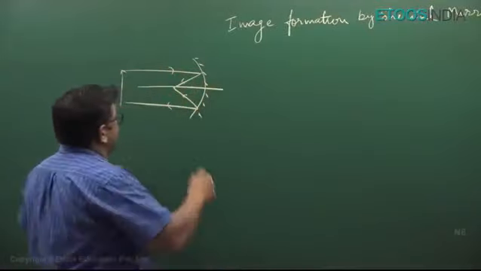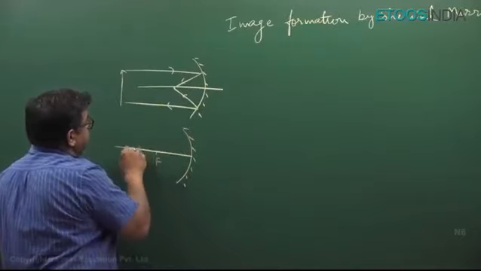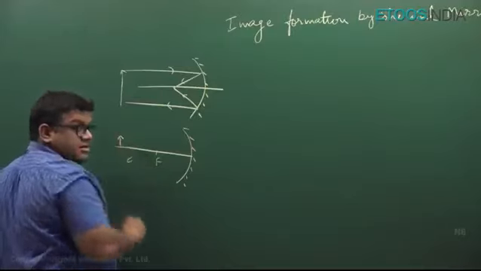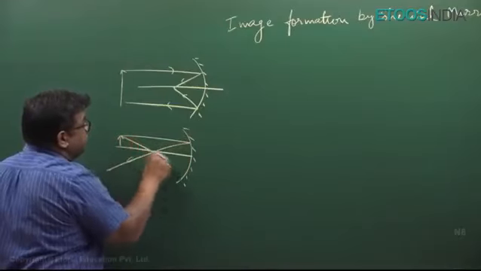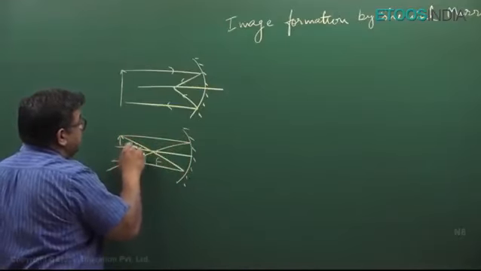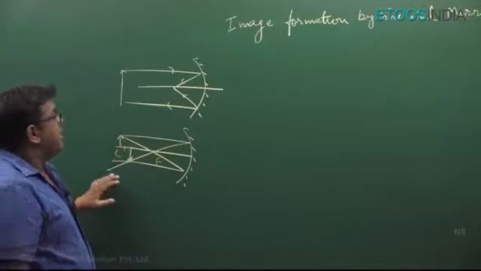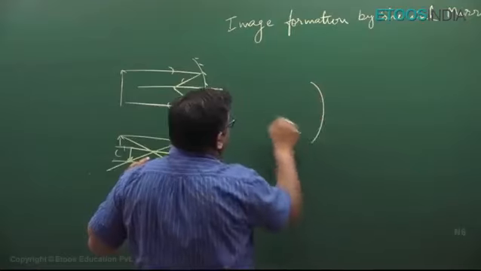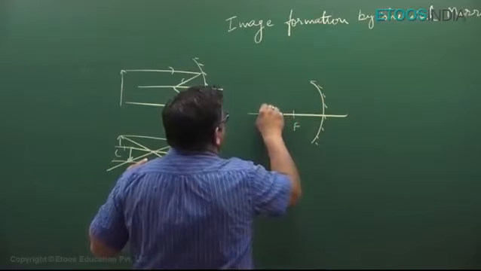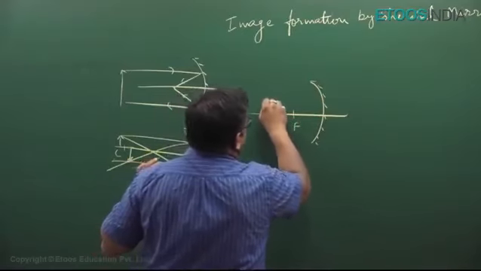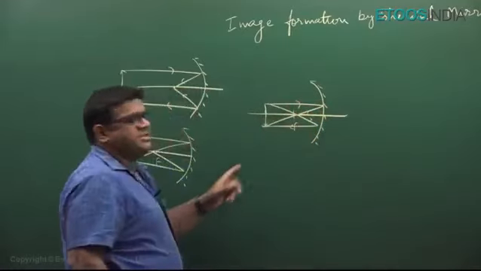Is it clear? Another position was when the object is brought nearer to the mirror, that is beyond C, then the image is formed between C and F. And the third one: if the object is placed at C, then the image is formed at C only.